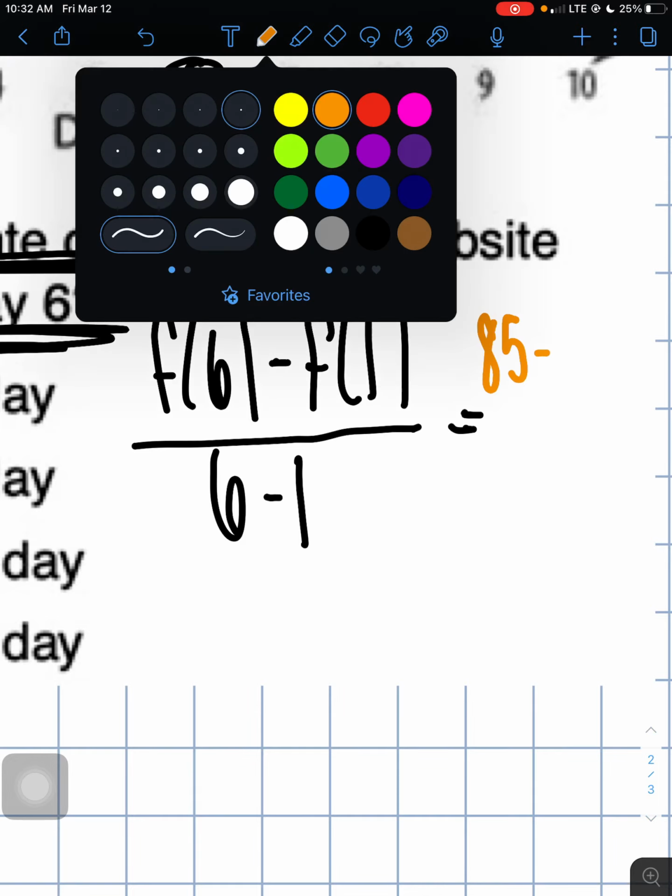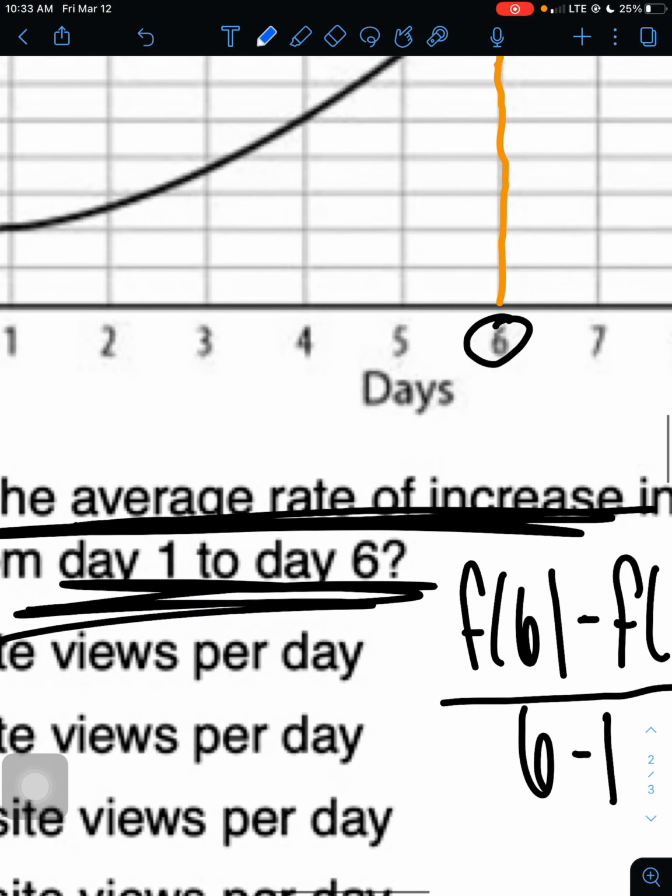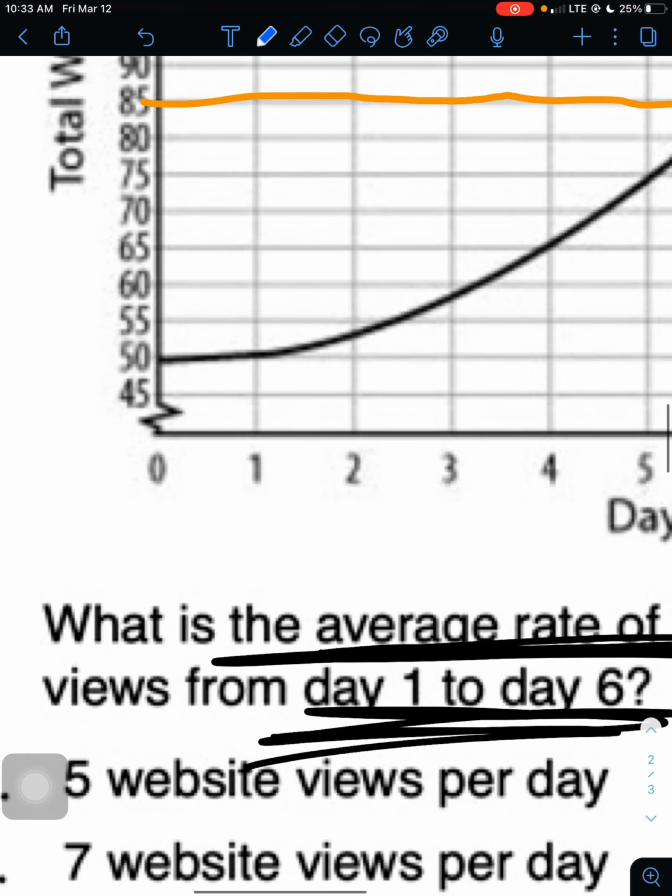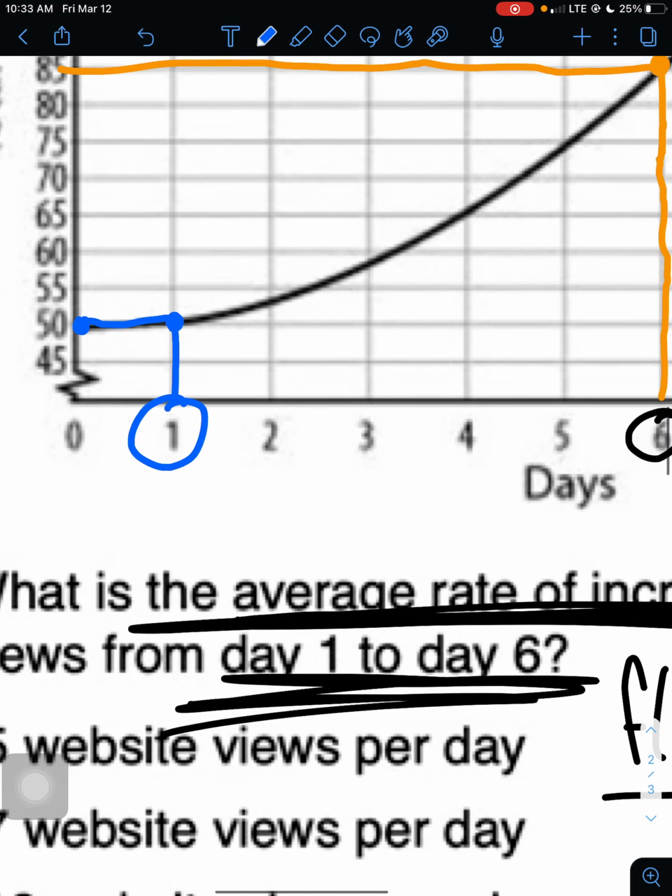And then let me figure out what f of 1 is. So I'm going to go to 1 on my x-axis. Then I'm going to go up, it's right here. See what this value is. This value is 50.